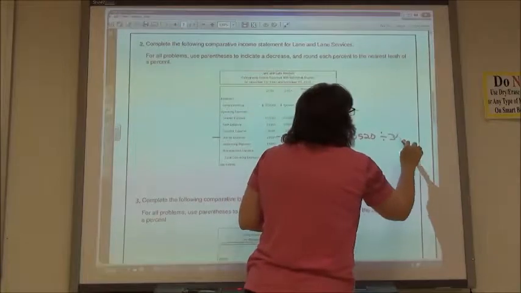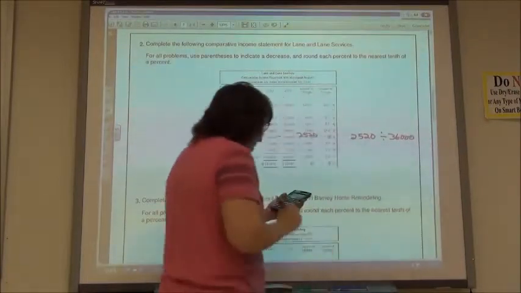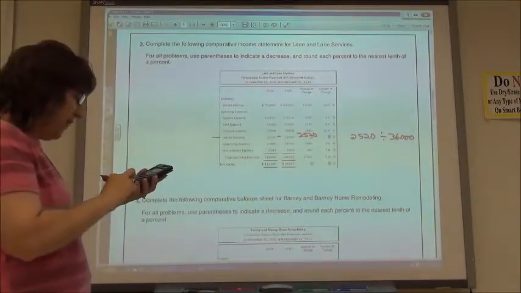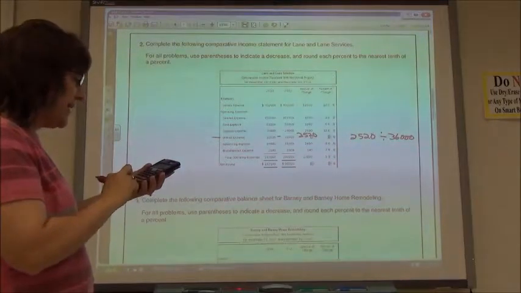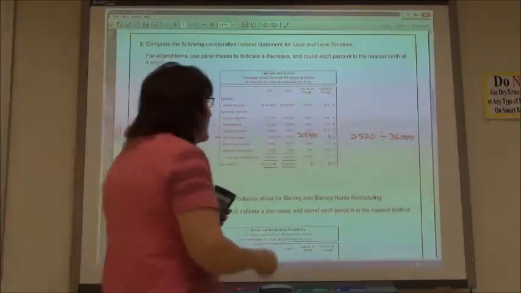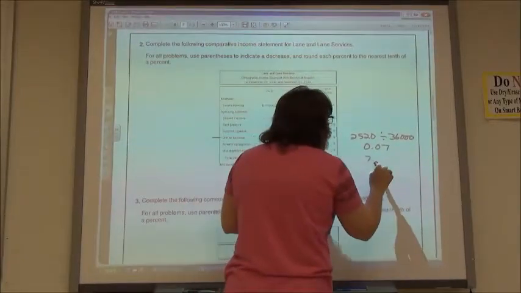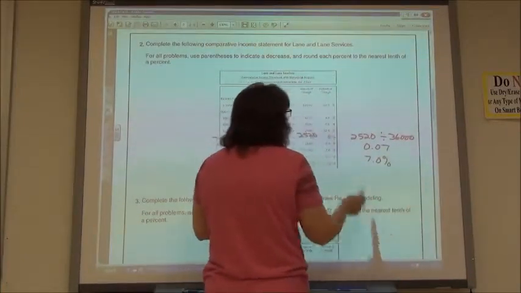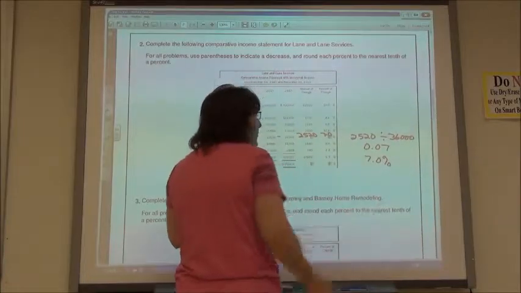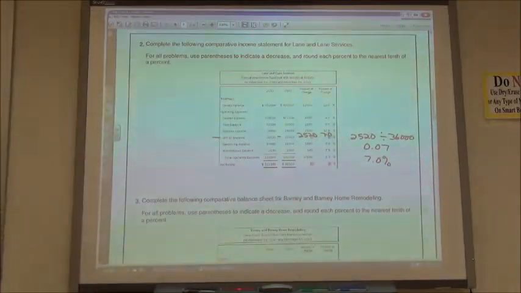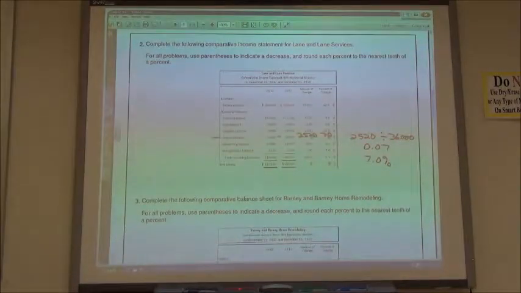So we're dividing it by the 36,000. If we take 2,520 divided by 36,000, we get 0.07. And so they're going to say 7.0%. It's 7%, but they'll show 7.0 since it specifically says put it to the nearest tenth.